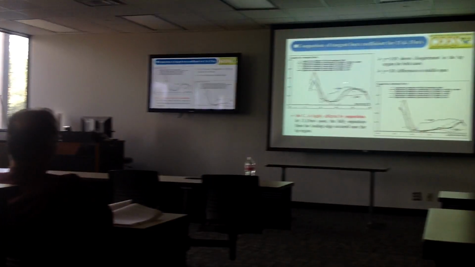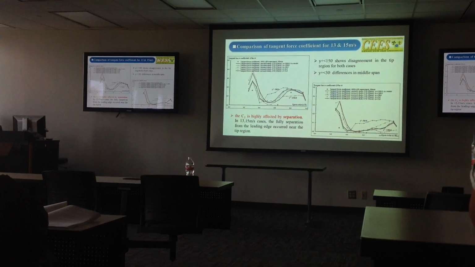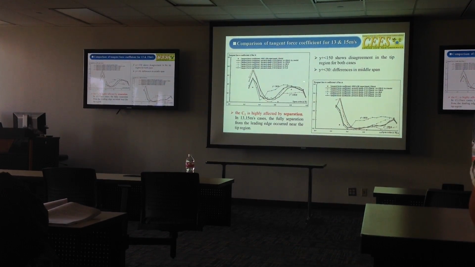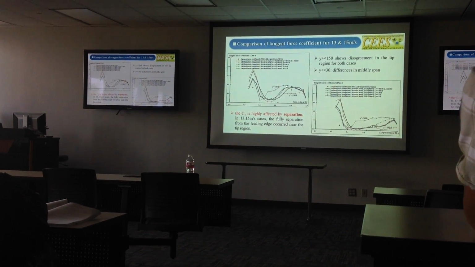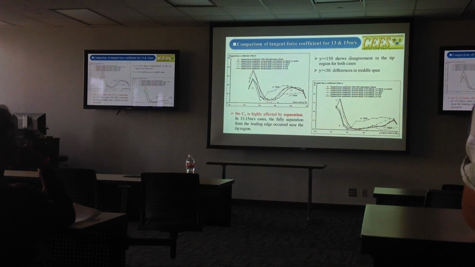And this slide shows the 13 and 15 meter per second cases. For the Y plus less than 150 case, the difference shows in the tip region in these two cases, and for the 30 meter per second case, it shows around the middle span. It can be explained by the same reason as the 10 meter per second case.